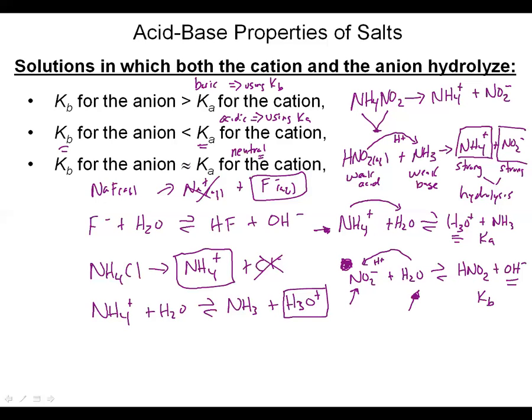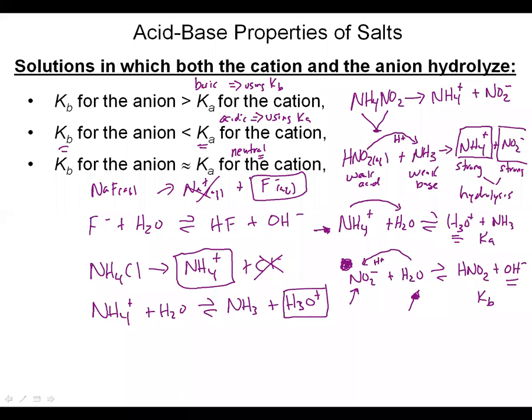So if you do come across a salt where both parts of the salt have the ability to go through hydrolysis, like the example on the right, you want to look at the Ka value for the cation and compare it to the Kb value for the anion. And whichever one is larger, you would just do that calculation by itself.